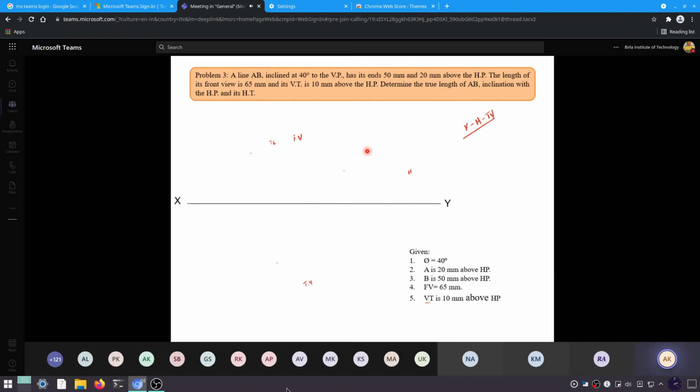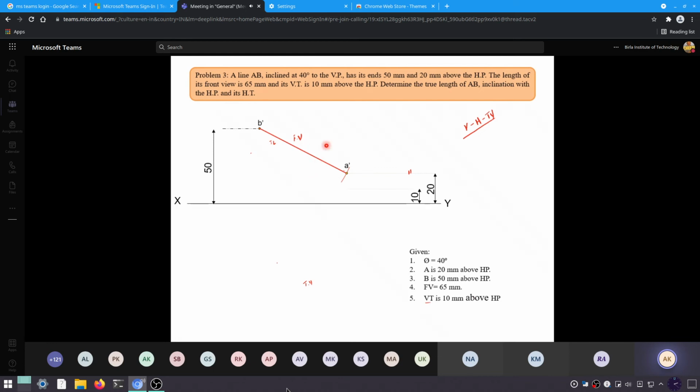So what we have done, we have made a trace for B and a trace for A. We're talking about the front view, so we'll write B dash and A dash. I will make an arc of 65 degree to obtain the front view.